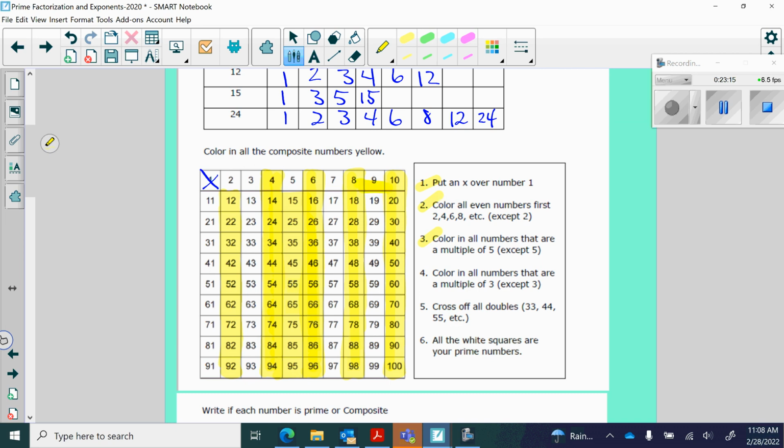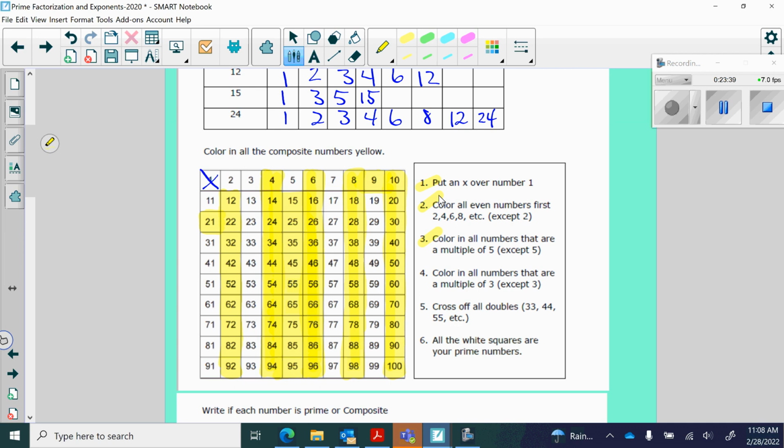So 9 I should already know. That one goes. We're only looking at the ones that are still white because we need other ones to cross out. So 11 doesn't. 1 plus 3 is 4. That won't work. 1 plus 7 is 8. That doesn't work. 1 plus 9 is 10. That doesn't work. 2 plus 1 is 3. So I know I can cross off 21 because 21 is now a multiple of 3. 2 plus 3 is 5.